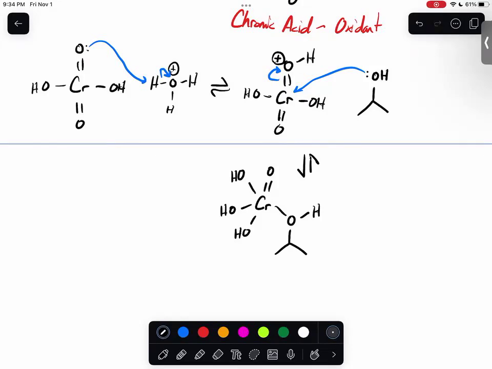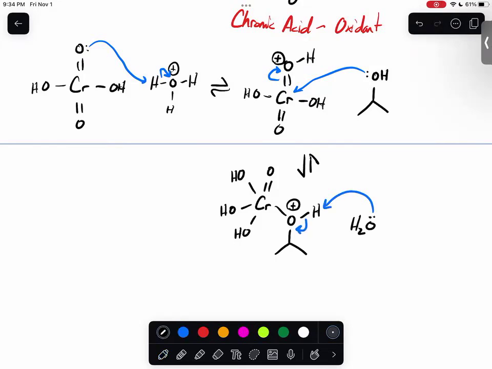This right here is not necessarily a good spot for our reaction to be in. What's going to happen is some water at this point is going to want to help get rid of that positive charge because it is incredibly acidic. It's going to actually deprotonate it.